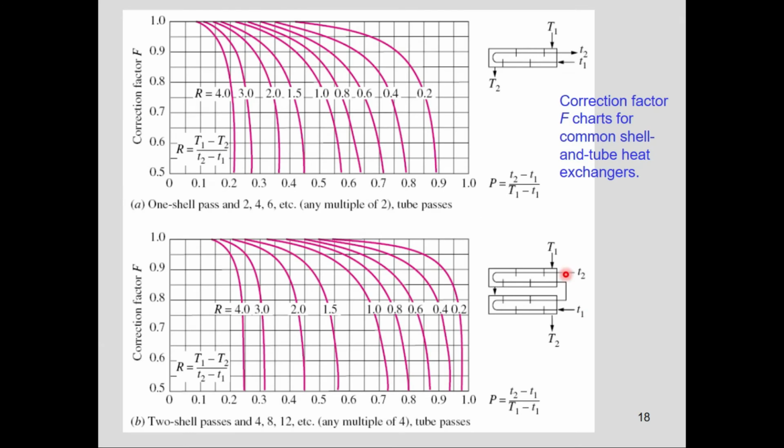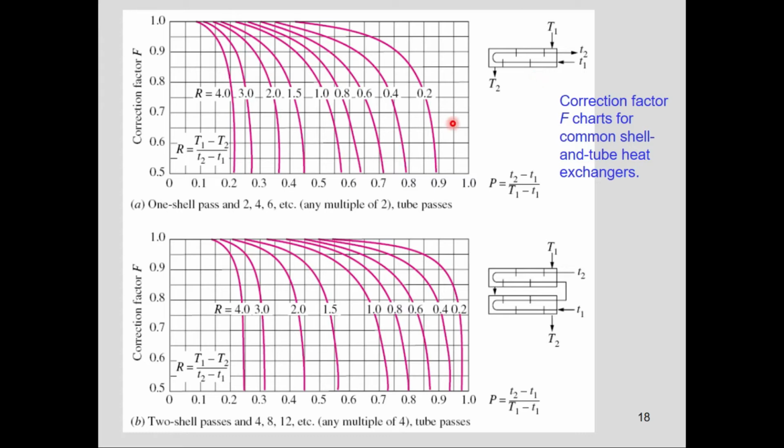So this is a figure for the one shell pass, and if there are multiple tube passes, either 2 tube passes, 4 or 6 and so on, right? This is the configuration of one shell pass and 2 tube passes.